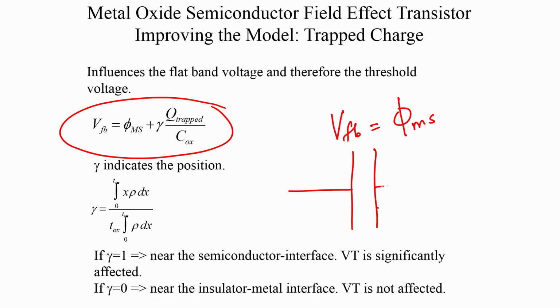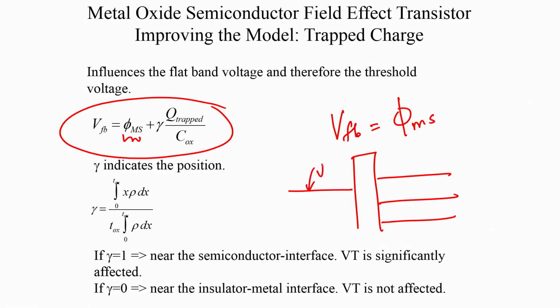At thermal equilibrium these Fermi levels will align, and therefore, you start having bands bending even at equilibrium. And we said that the way to get the flat band voltage was to apply a positive or negative voltage so as to get all the bands flat.